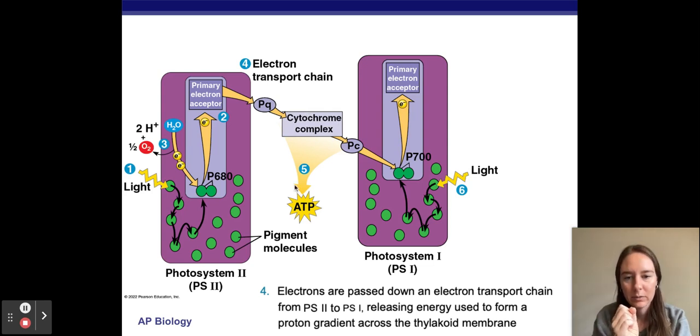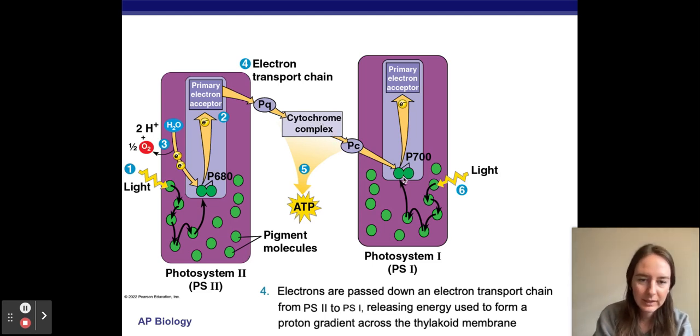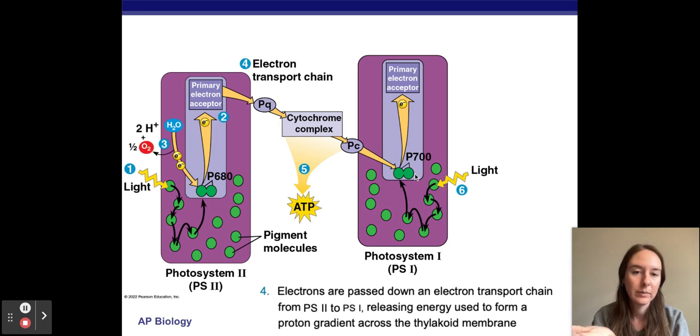And in this process, we'll take a look next, eventually ATP can be made here. Then we're going to pull the electrons over here to this protein until eventually the electrons are going to be moved to this chlorophyll molecule, P700, and this is chlorophyll B. And these electrons now can be passed to the primary electron acceptor of this photosystem 1.